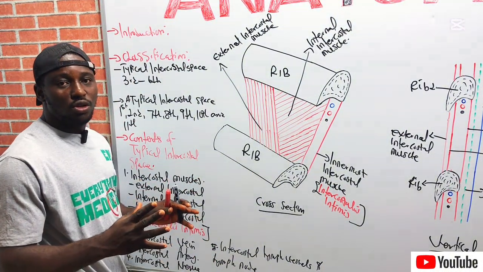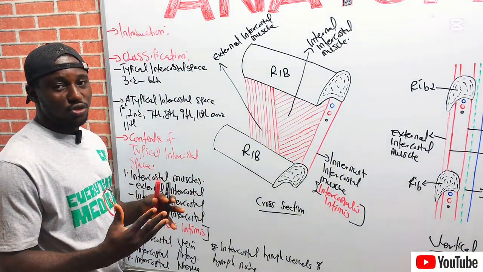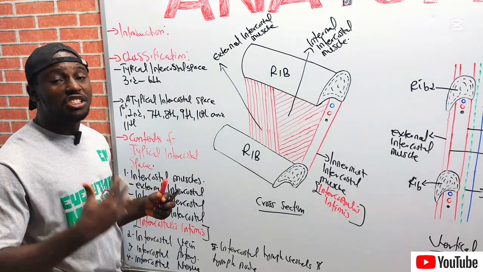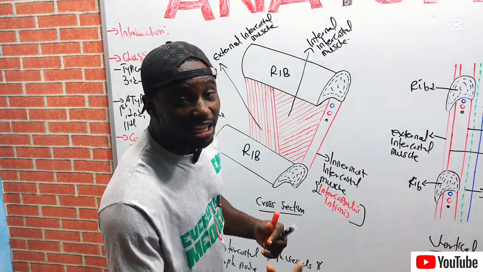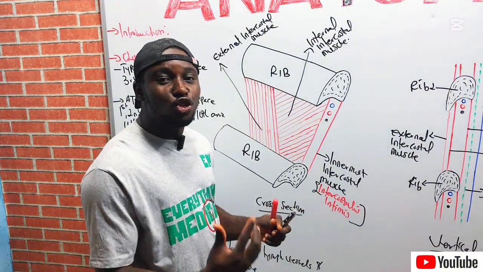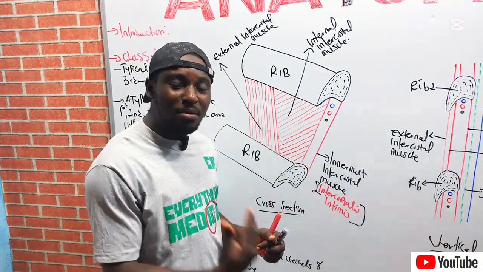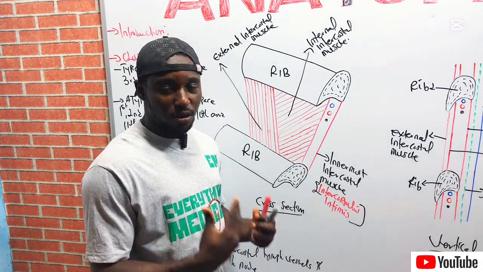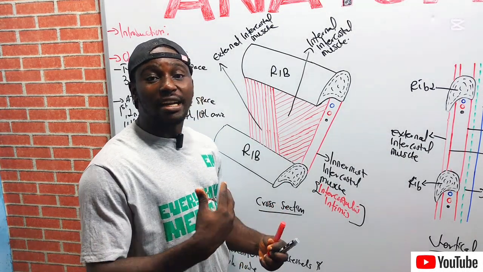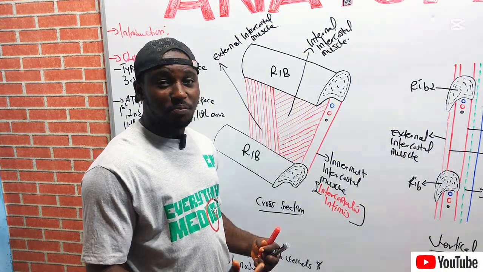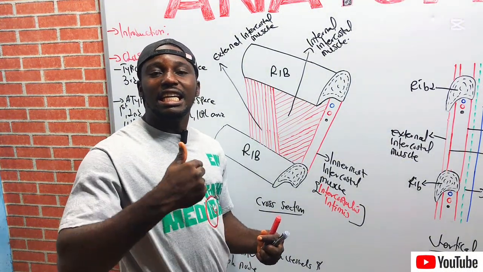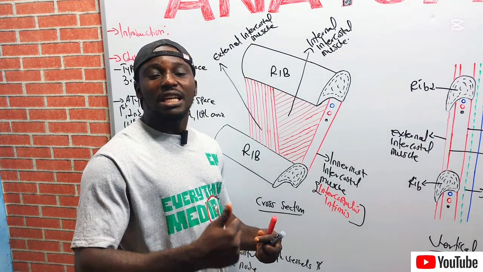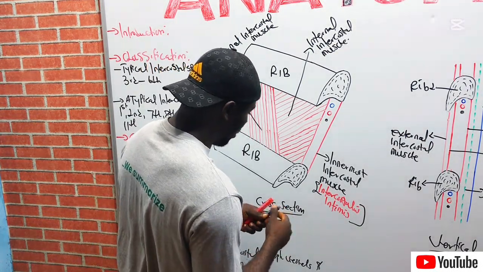Important to note, the neurovascular bundles of the intercostal spaces are arranged in a plane between the intermediate and the deepest layers of the intercostal muscles, that is, between the innermost intercostal muscle and the internal intercostal muscle, right?